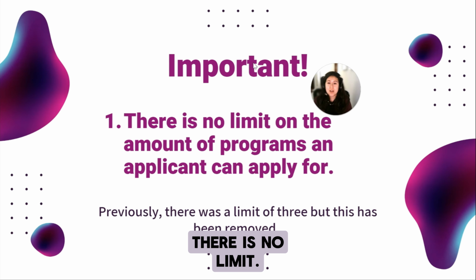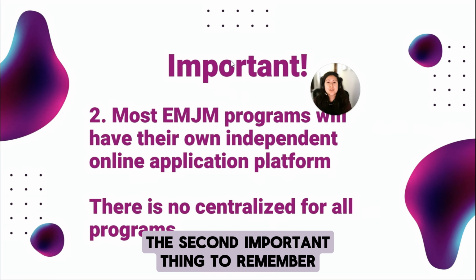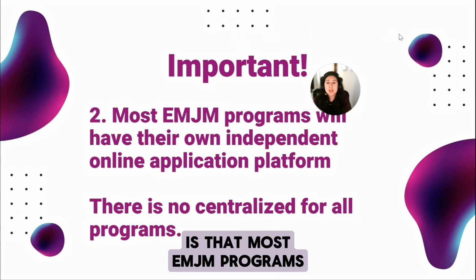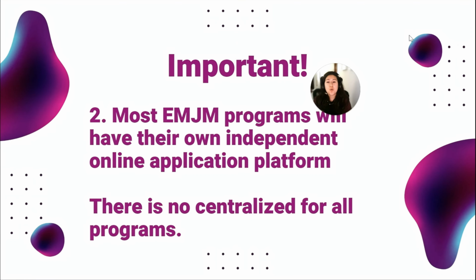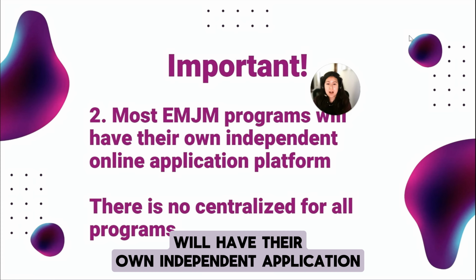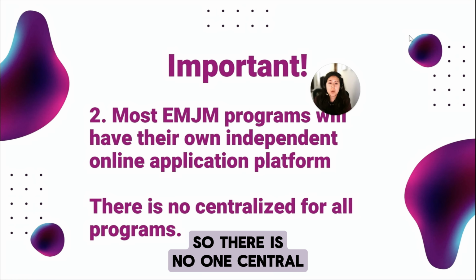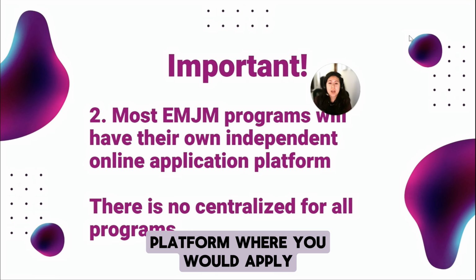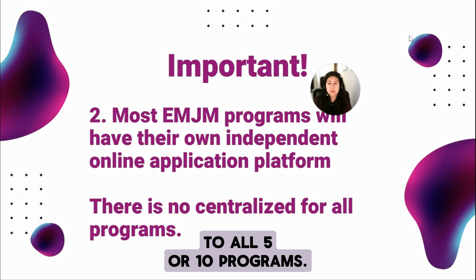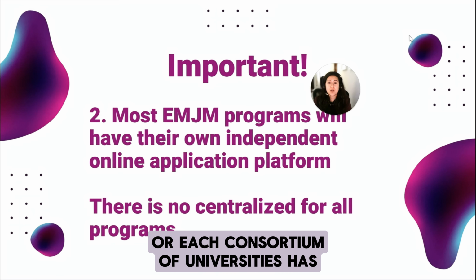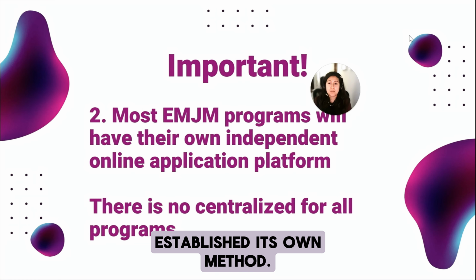There is no limit. The second important thing to remember is that most EMJM programs will have their own independent application portal. So there is no one central platform where you would apply to all 5 or 10 programs. Each program or each consortium of universities has established its own method.